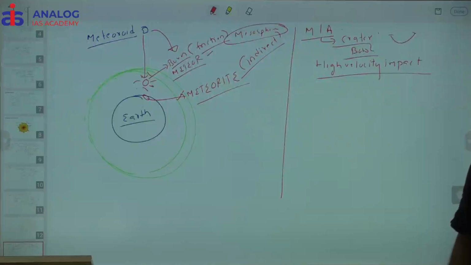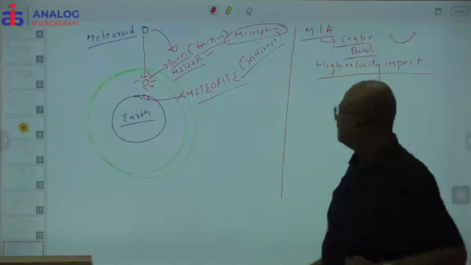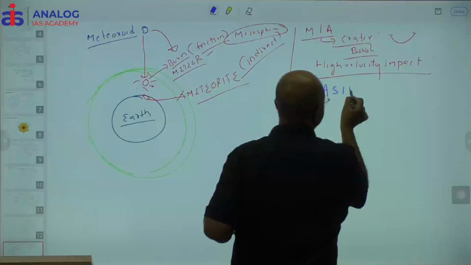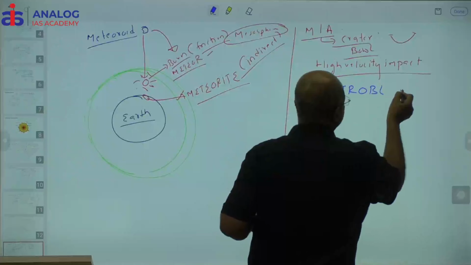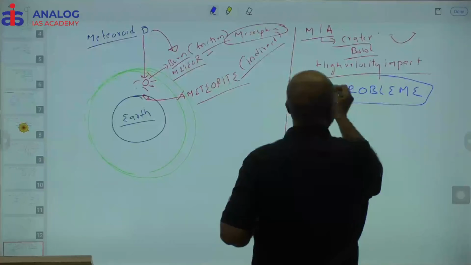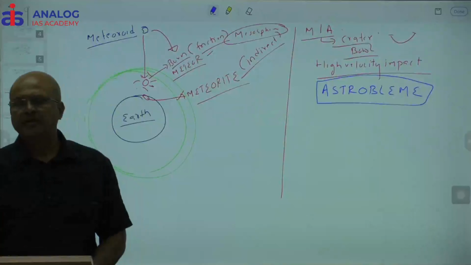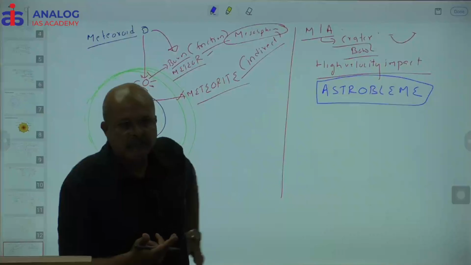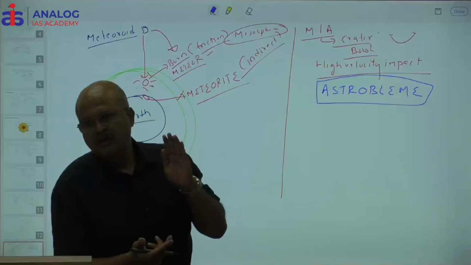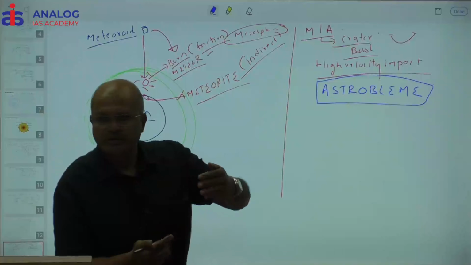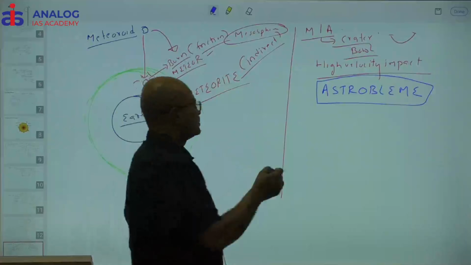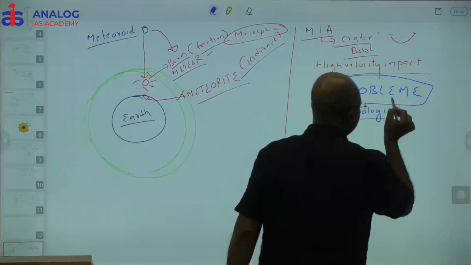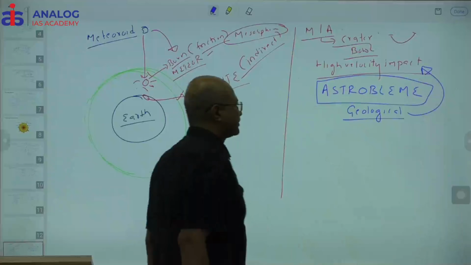And these high velocity impact craters, in geography, we refer to them as astroblemes. Geological features formed by high velocity impact on the Earth.